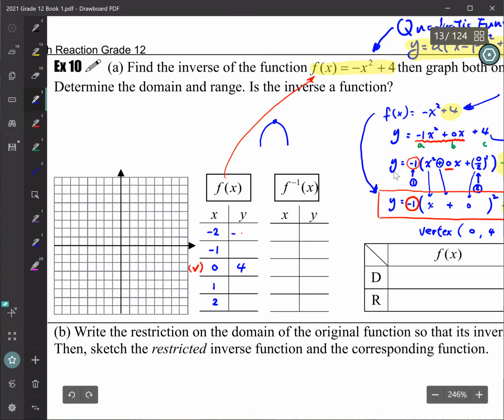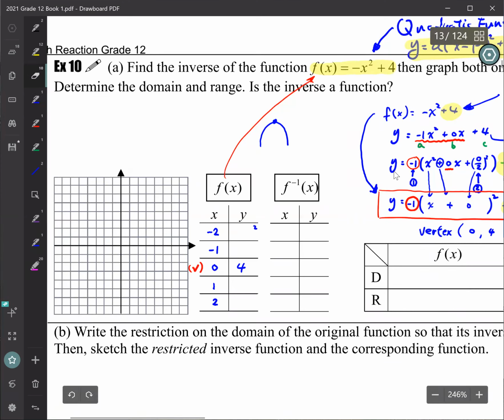Yes, -x squared and then +4. So it should look like this: negative bracket -2 squared, +4. Oh, and it's 0 then. Yes, okay. So the negative on the very outside doesn't disappear. Only the thing in the bracket when you square will disappear.